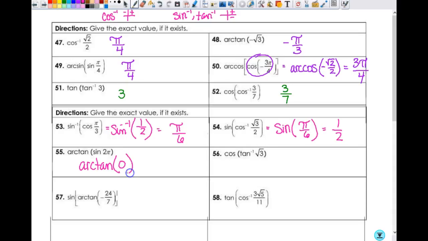So I want the arctangent of 0. So what angle gives me a tangent value of 0? The answer to that is 0. All right, 56. I want the cosine of, well, the tangent inverse of the square root of 3 is pi thirds, and then the cosine of pi thirds is 1/2.